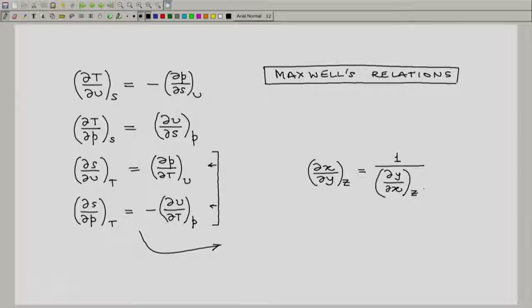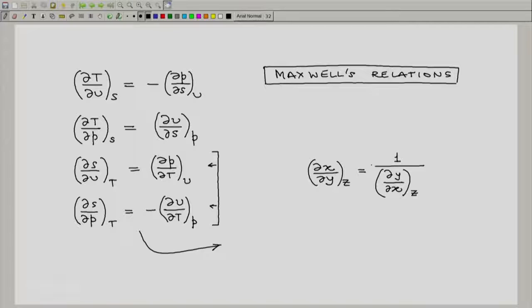It is a simple reciprocity relation. Conditions are required for this. For example, the functions involved need to be continuous and the derivative should exist. But these conditions are almost invariably satisfied by the relations between thermodynamic properties. So generally we will use these purely mathematical identities to be applicable in thermodynamics.